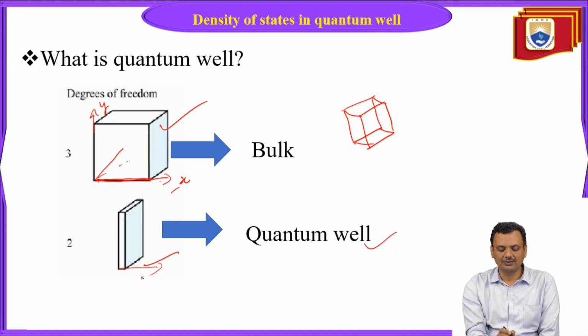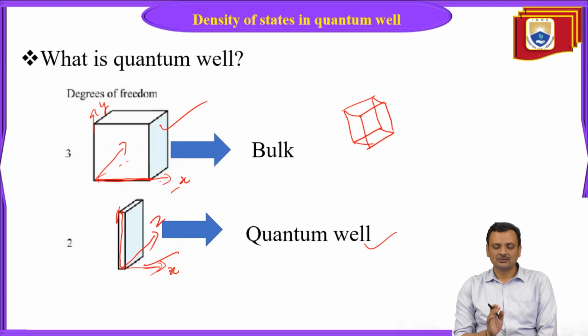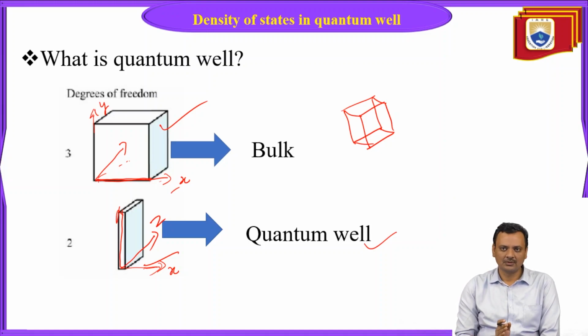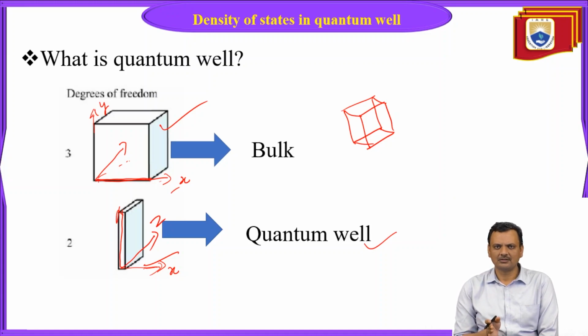The direction of the free particle is now restricted and it can only move along the y direction and along the z direction, but it cannot travel in the x direction. So you are restricting the motion of the free particle or electron.